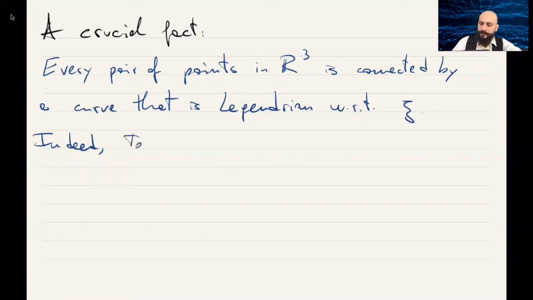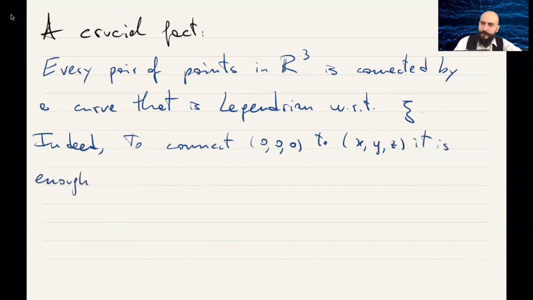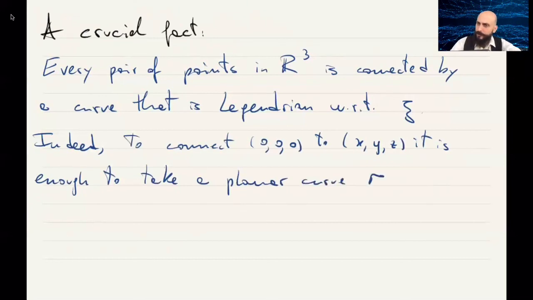So to connect 0, 0, 0 to x, y, z, it is enough to take a planar curve sigma going from 0, 0 to x, y. Of course, we have many.